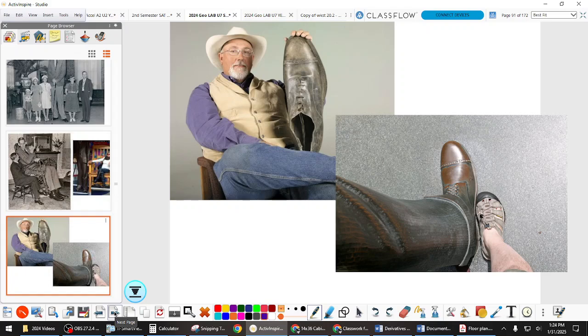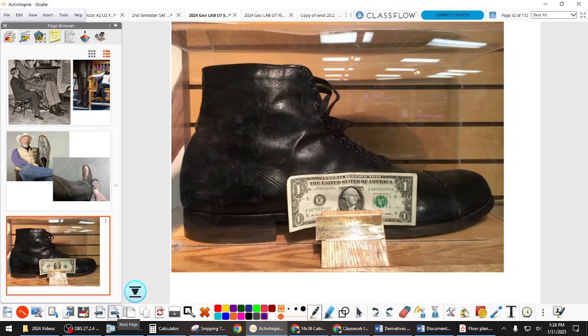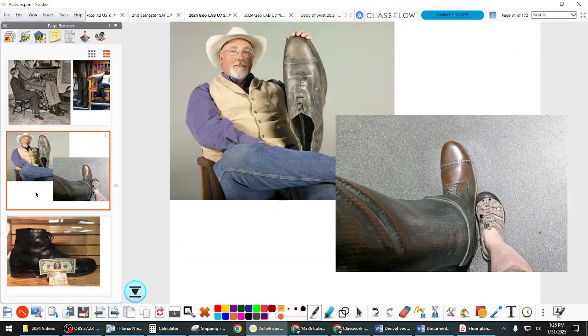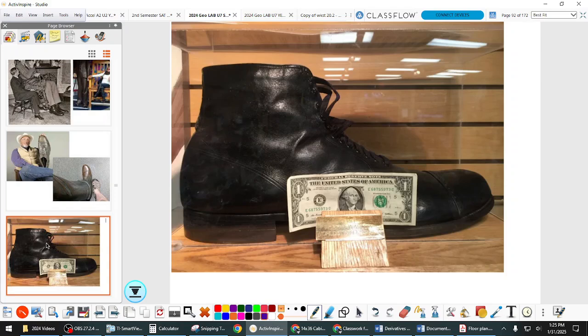Pretty wild, right? Again, that's the statue, but this to me looks like an adult male foot, probably like mine. And there's one with the dollar bill. Wow. So it's big in every dimension. If you go back to that one, it's not just long, it's a huge foot, right? It's like a flipper.